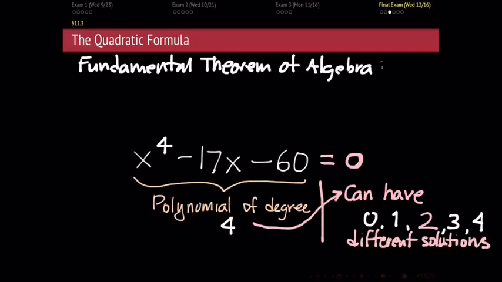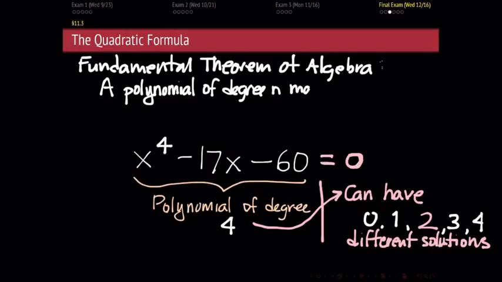So just to get the statement, a polynomial of degree, let's call it n, may have no more than n distinct solutions, distinct roots, we'll call them.